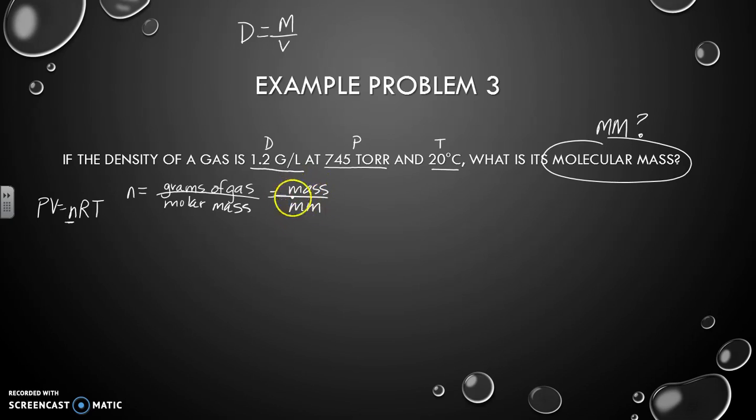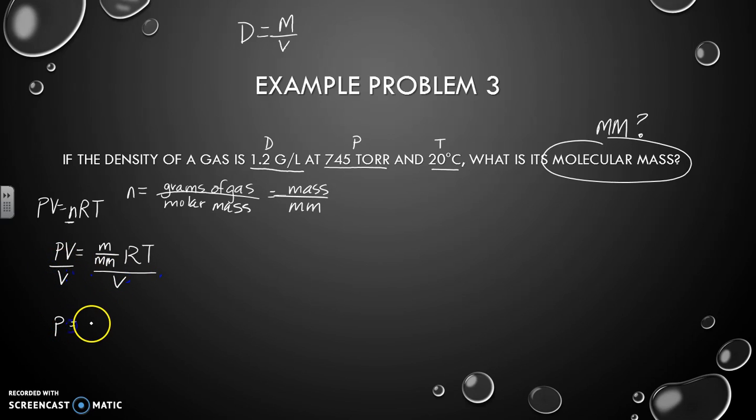All right, well, we can plug that in for N. If we plug that in, PV would be equal to mass over molar mass times RT. Well, we need to get density, and we know that density is mass divided by volume. So can I take this and divide both sides by V? Sure.